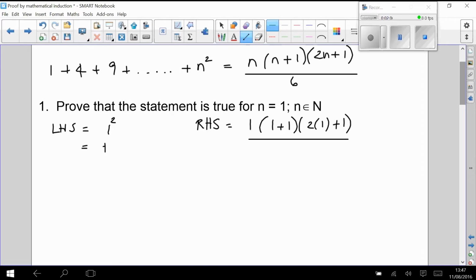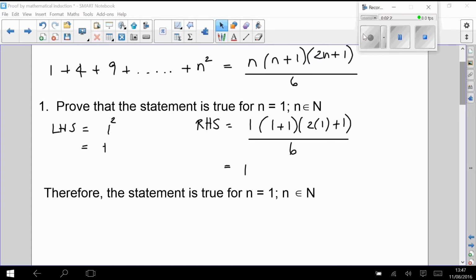Work this one out and see what the answer is going to be. If you worked it out, you would have got 3 times 2 times 1, which is 6, divided by 6, and that answer is also 1. In other words, we have proven that the left-hand side is equal to the right-hand side when n is equal to 1, which means that the statement is true for n is equal to 1.